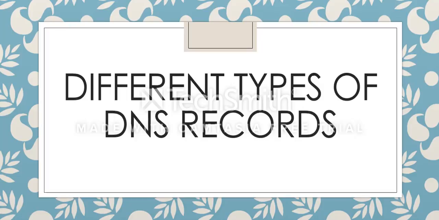The next is called a CNAME record. A CNAME record specifies a domain name that has to be queried in order to resolve the original DNS query. Basically, that's a fancy way of saying it's an alias that corresponds to an A record or an AAAA record that's already in existence.